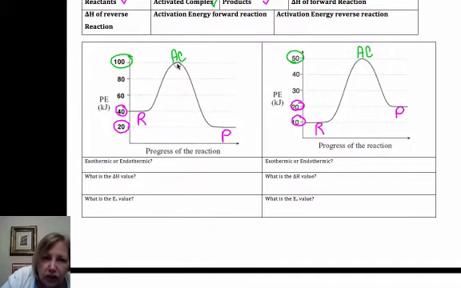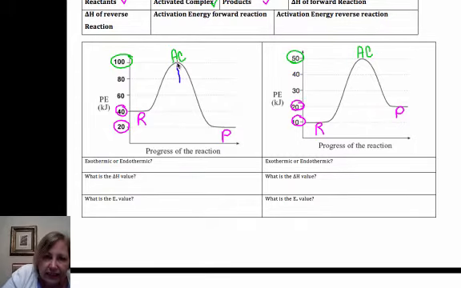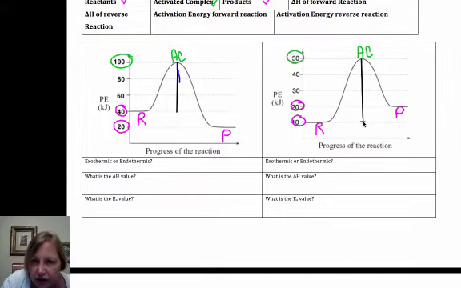In the forward direction, my activation energy, I'm going to see if I can get a line here because that's not very neat. So let's draw a line instead. There we go. That is my activation energy for my forward direction. This is my activation energy for my other one in the forward direction.